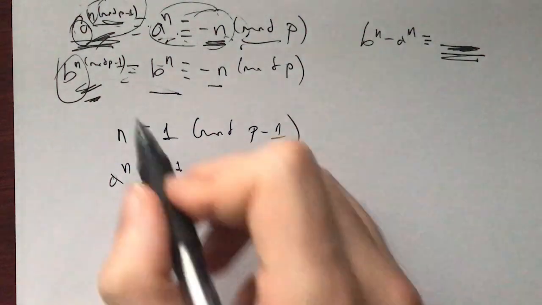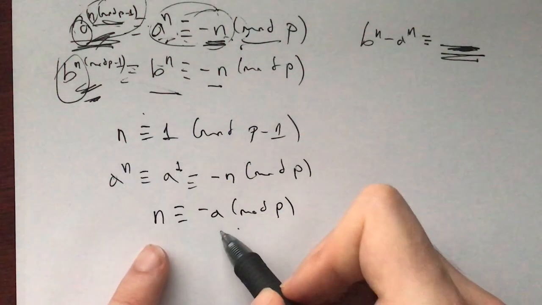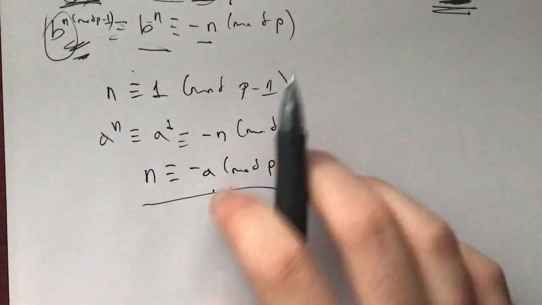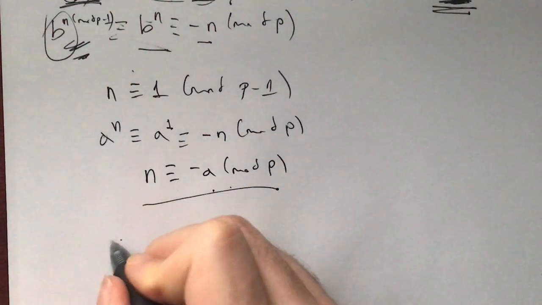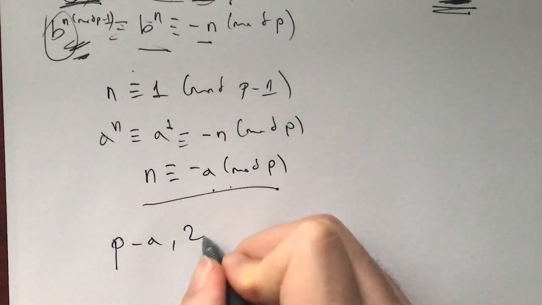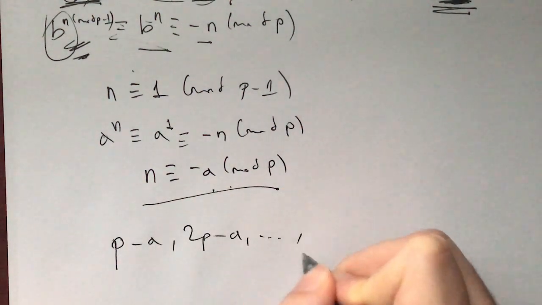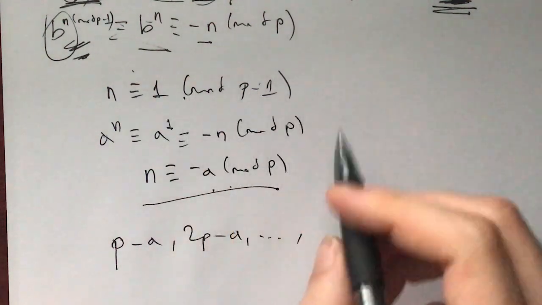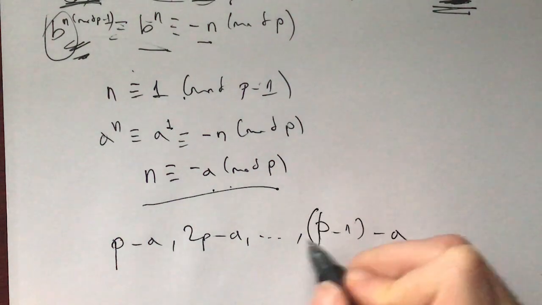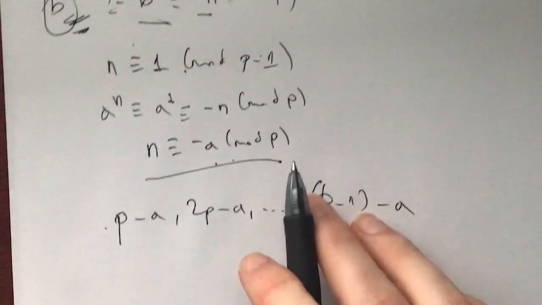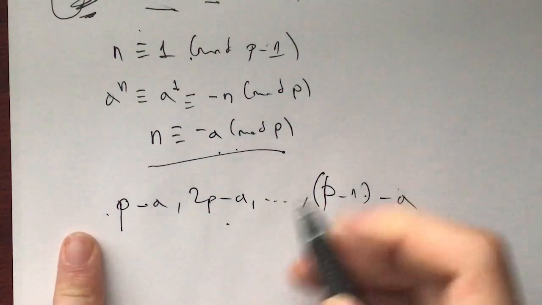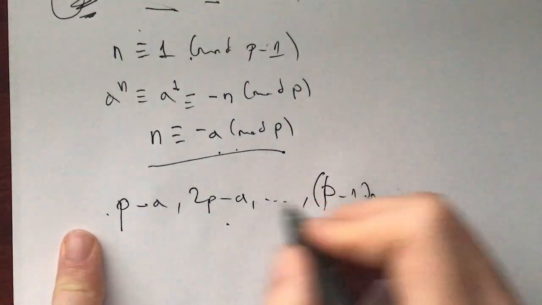And if both of these things are true, such an n exists by the Chinese remainder theorem, and if not by the Chinese remainder theorem, you just have that among the numbers p minus a, 2p minus a, all the way till, say, p minus 1 times p minus a, which is 1 through p minus 1.